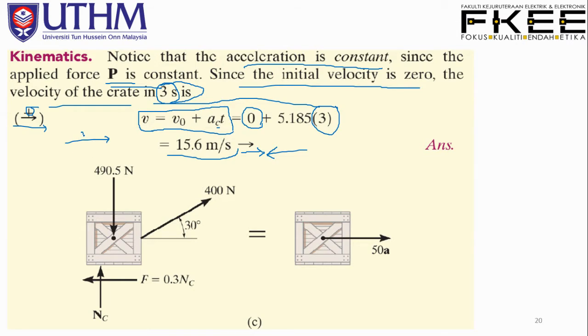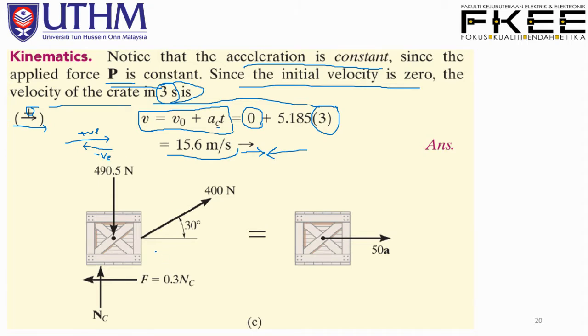To the right is positive. Again, to recall in this particular example, if the value is negative, that means you need to change the direction of the arrow to the left. So this is negative, just for example.